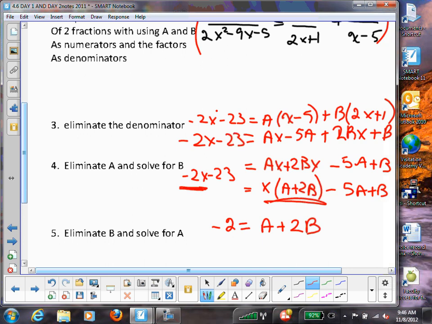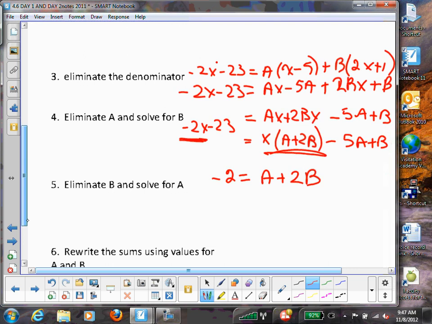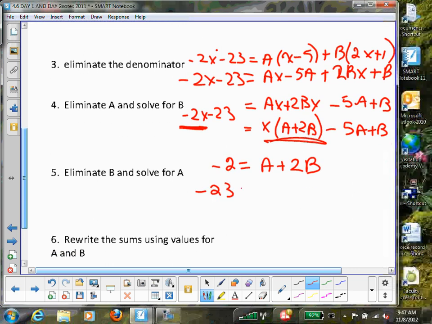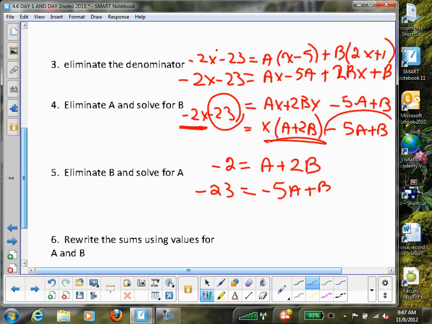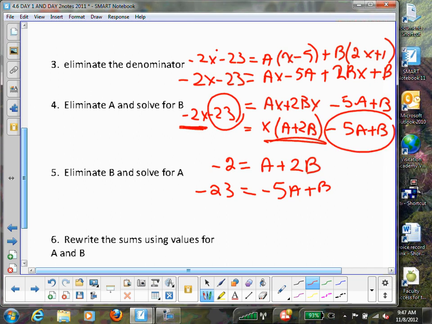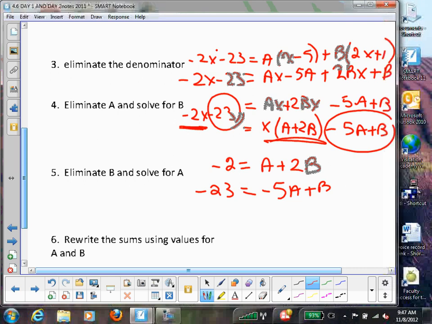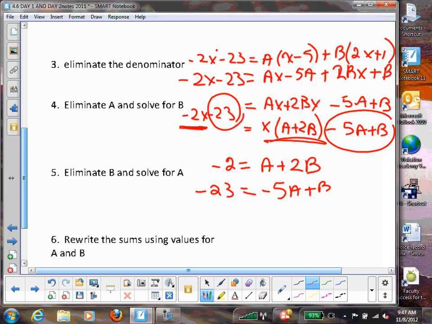What is my next equation going to be? This has no variable on it. This set has no variables on it either, right? Do you see we have 2 equations and 2 unknowns? What are we going to use? Use your matrices.